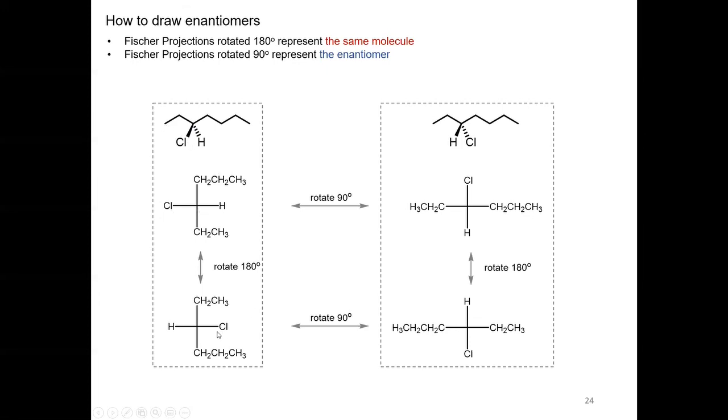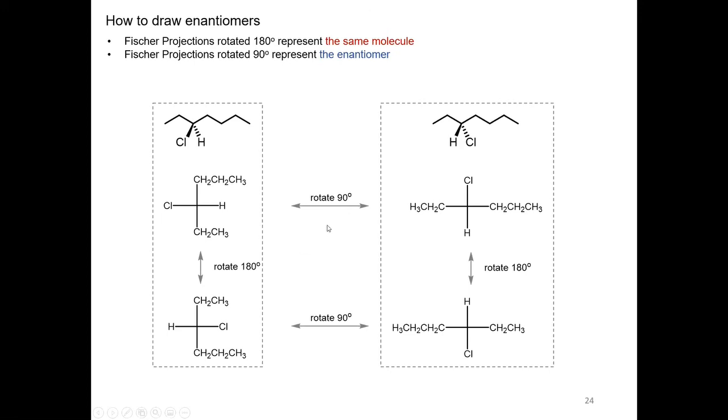If you rotate 180 degrees, that's exactly another way to look through this direction. You put this one on the top, this one on the bottom, and now the chloride is on the right and the hydrogen is on the left.